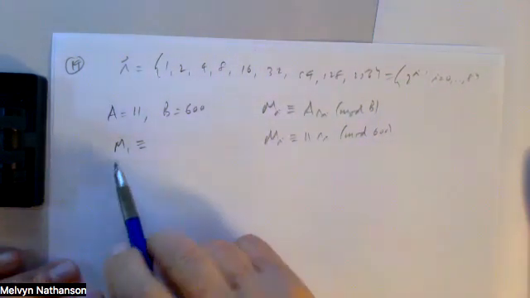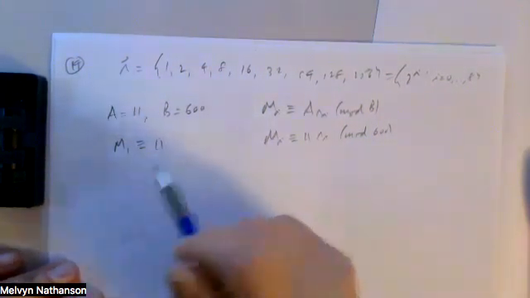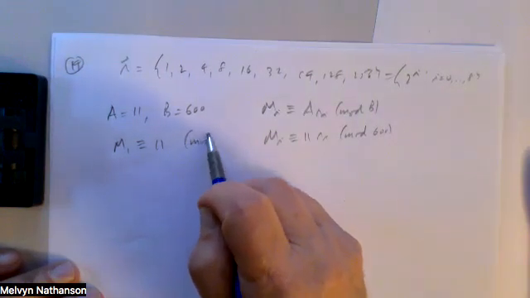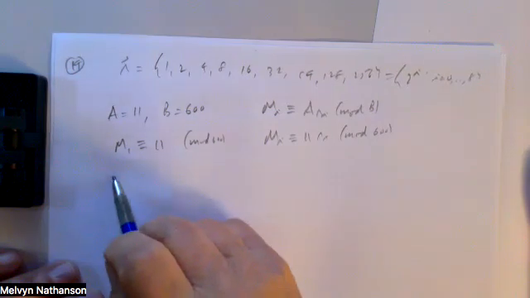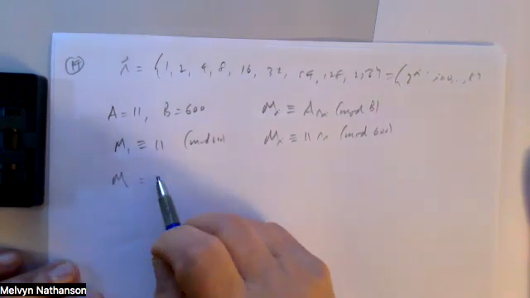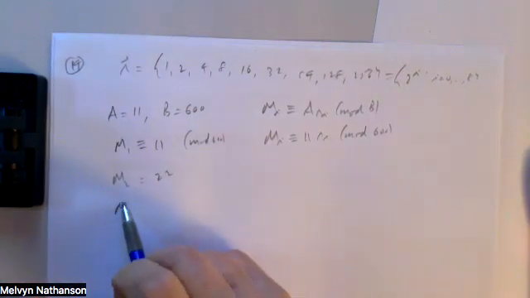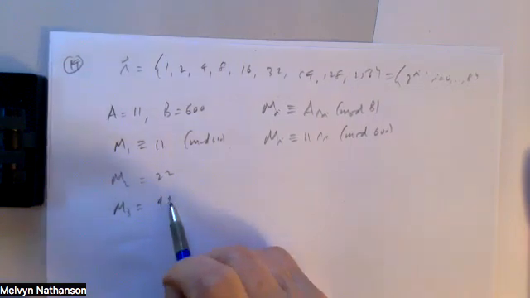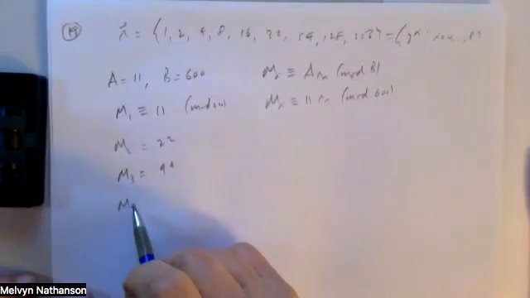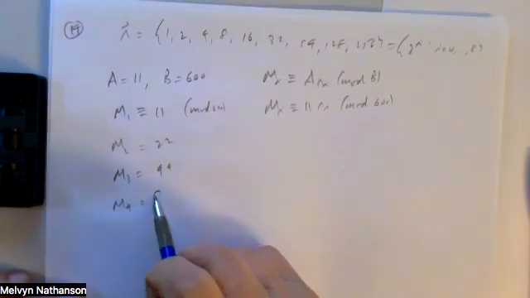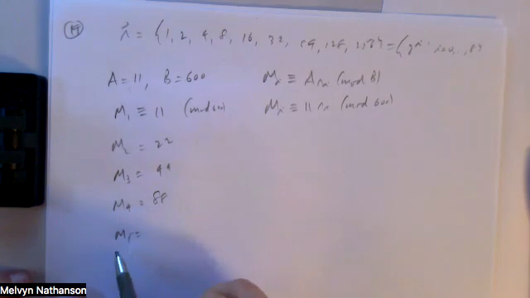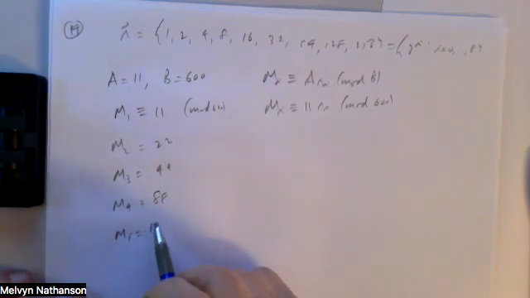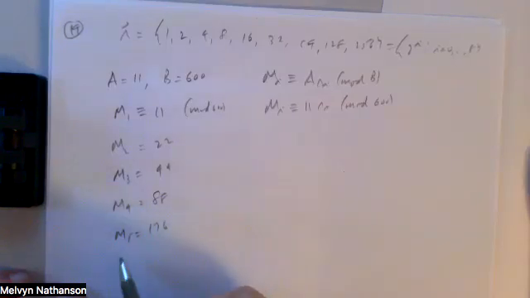M1 is congruent to 11 times 1 mod 600, so M1 is 11. M2 is 22. M3 is 44. M4 is 88. M5 is 11 times 16, which is 176.